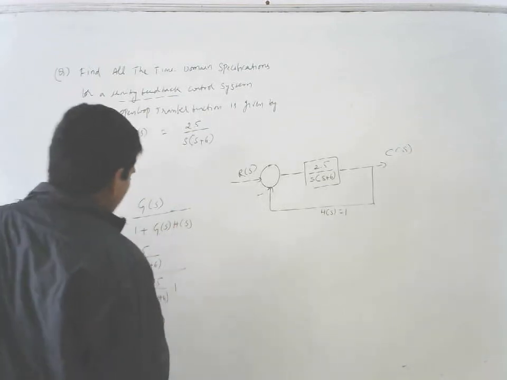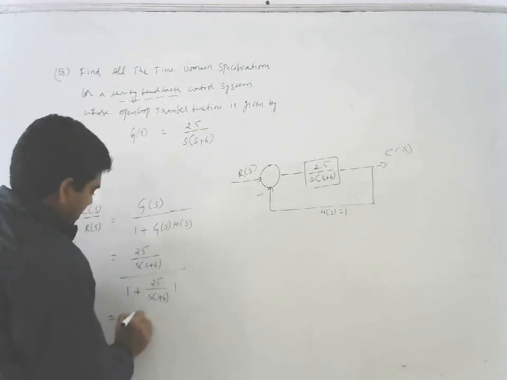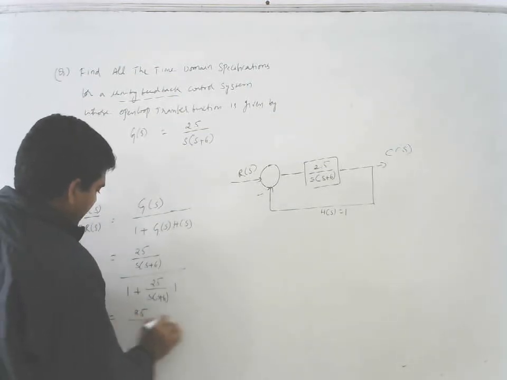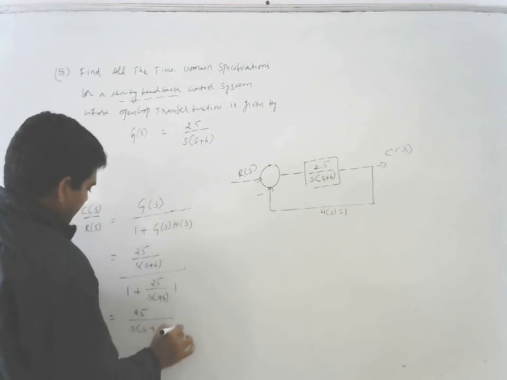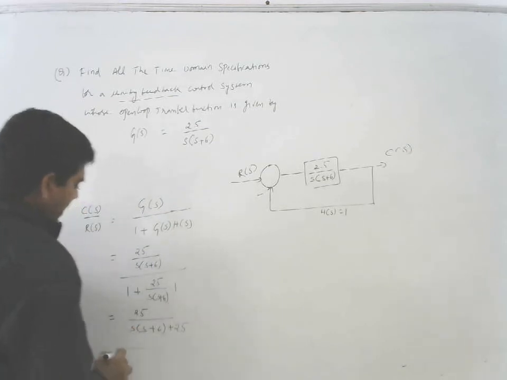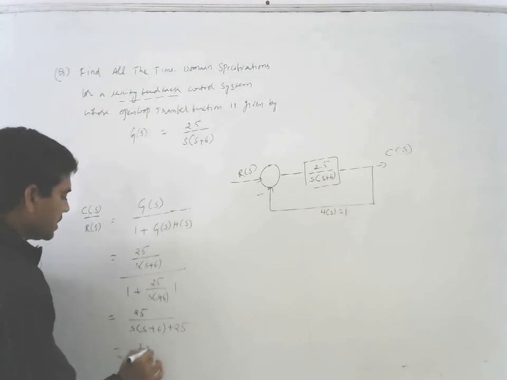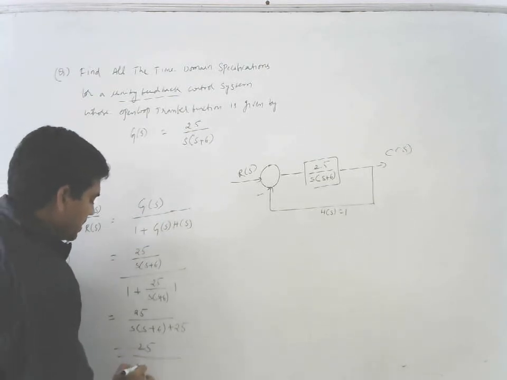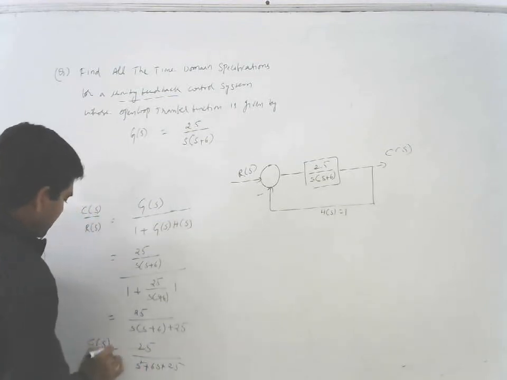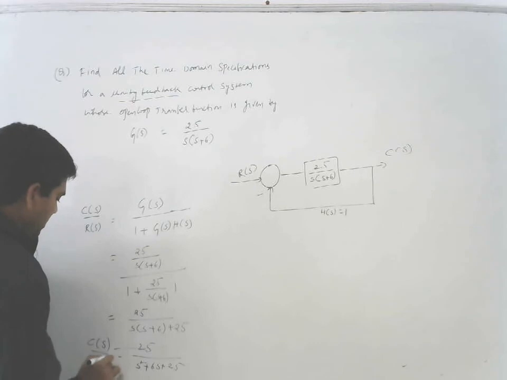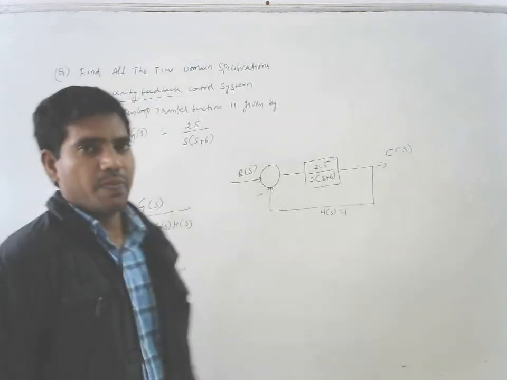Now we can simplify this. That means 25 divided by s into s plus 6 plus 25. Again one more step: 25 divided by s square plus 6s plus 25. This is my C of s by R of s.